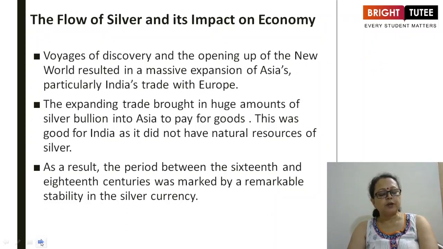The sea voyages of discovery and the opening up of the New World. New World is America. If you remember last year's history book, Changing Cultural Traditions, the New World is the word used for America. It had resulted in an astonishing expansion of Asia's, particularly India's, trade with Europe in a variety of articles.